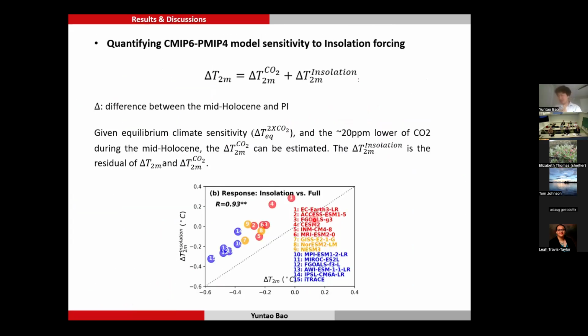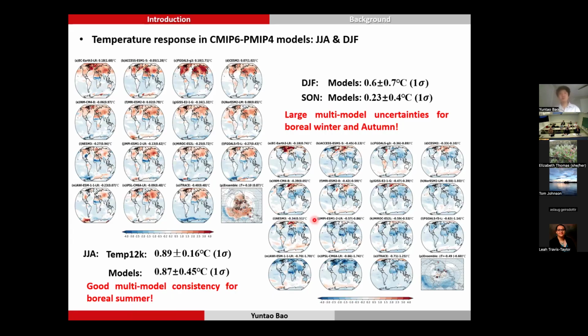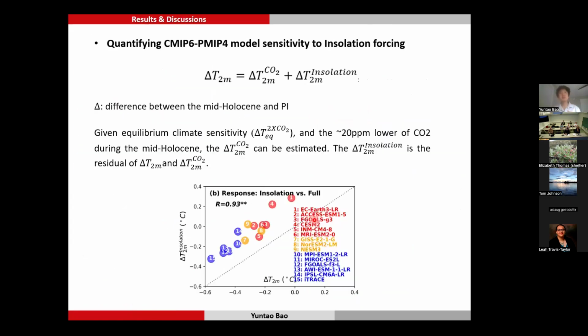Here, because we see the very large model uncertainties, maybe the warmer models in the mid-Holocene are more sensitive to insolation forcings, while models with cooling temperature in the mid-Holocene may be insensitive to insolation forcings.